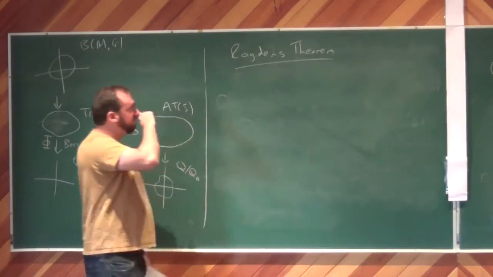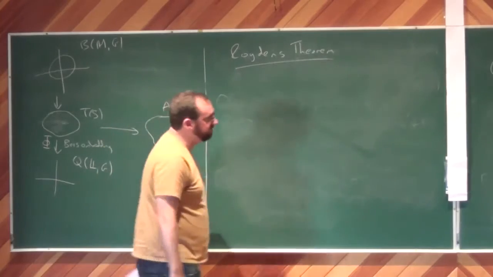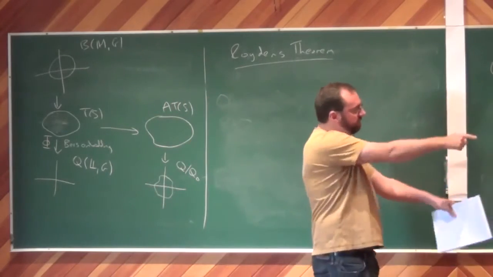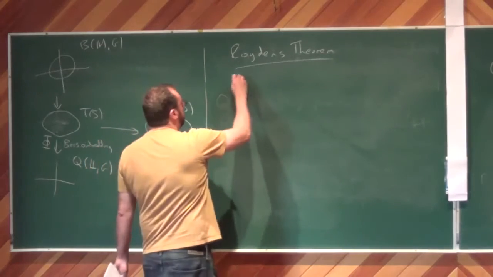So the first result in this direction is a famous paper of Royden, where he showed that, yes, for closed surfaces, all the automorphisms of Teichmüller space that you get are geometric. Well, almost all.